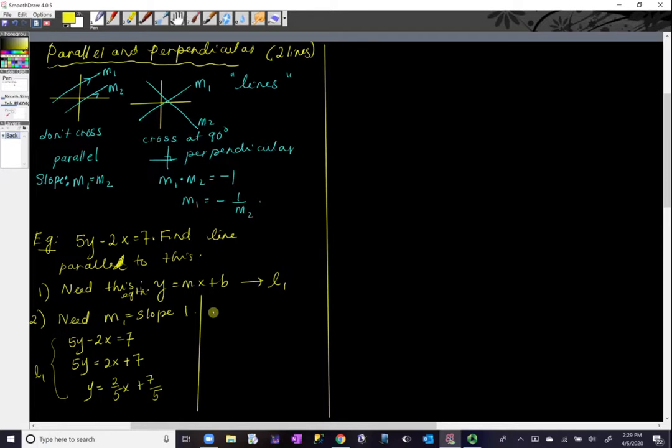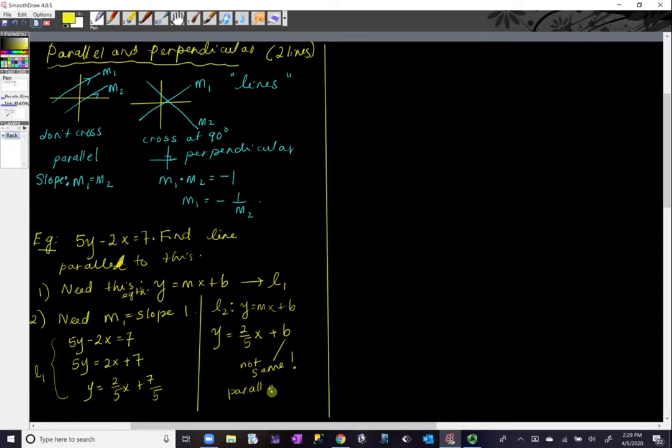So what's the equation of line 2 then? That's also going to be y equals mx plus b, right? So it's going to be y equals, the slope is the same, plus b, and remember, b is not the same. Never the same for parallel.